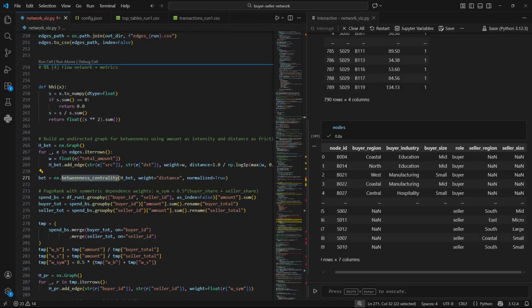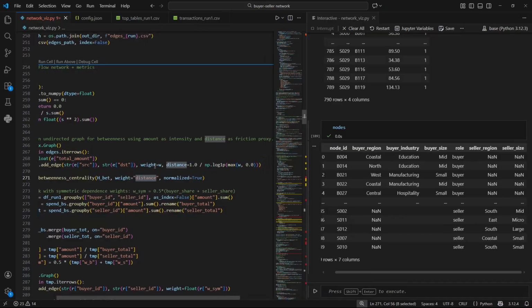So how do we define strong ties and lower friction? In betweenness, there is a notion of distance. The higher the distance, the higher the friction and the lower the frequency of trade between that two pair of nodes that we're talking about.